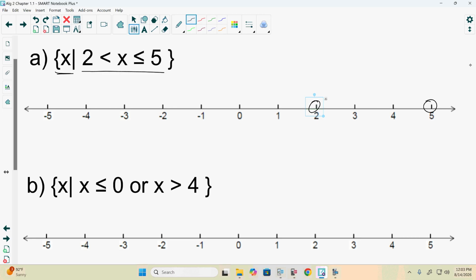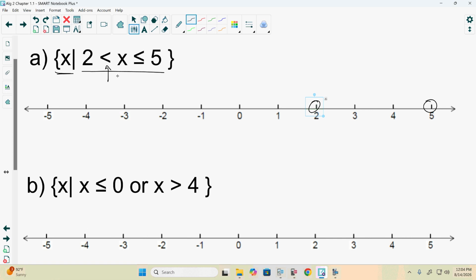Now we need to figure out if we need to shade or fill in either spot. If it's equal to it, we shade it in. If it's not, we leave it open. Is 2 included? Is it equal there? Do we have an equals line? Because it's just saying 2 is less than x. 2 is not less than or equal to it, because if it has the line underneath, it is equal.